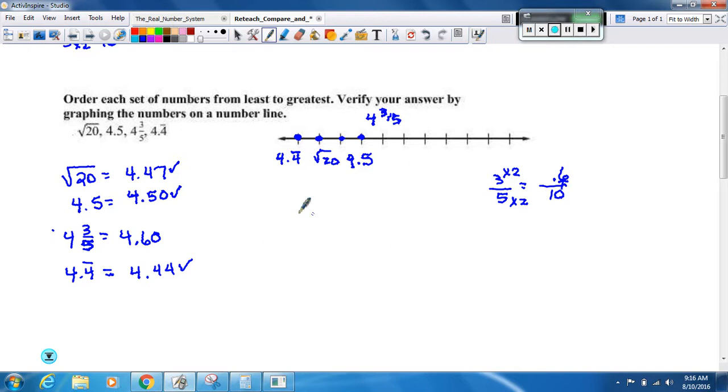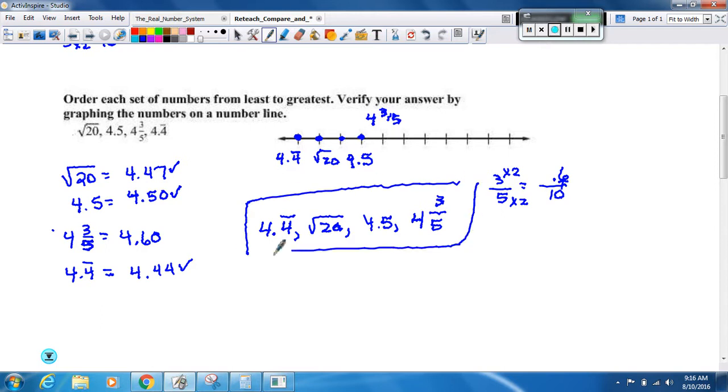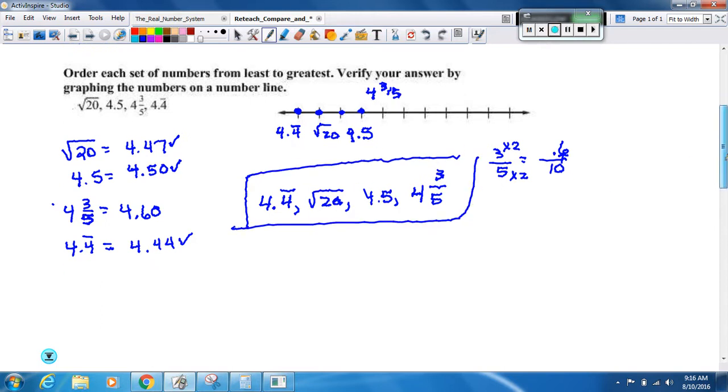Once you get that, it says order from least to greatest, so you just write down the order they appear on the number line from left to right. So 4.4 repeating, square root of 20, 4.5, and 4 3/5. So the number line is part of the answer, and this is part of the answer as well.